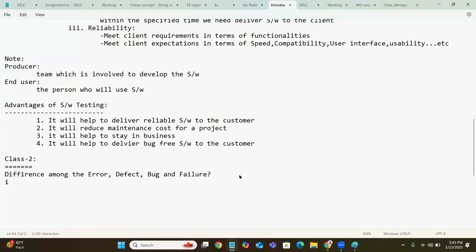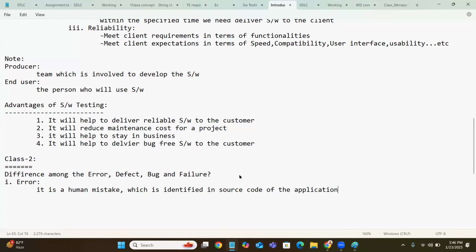Now, first one, if I go for the error, what is the meaning of an error? How can we define it? It is a human mistake which is identified in the source code of the application.